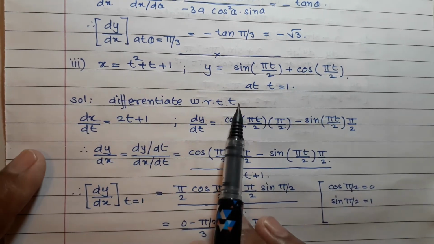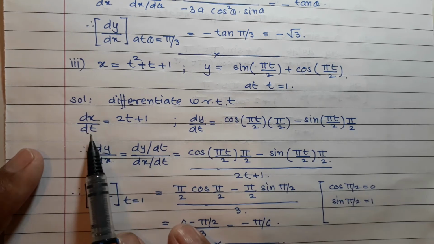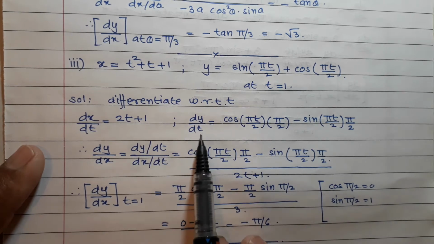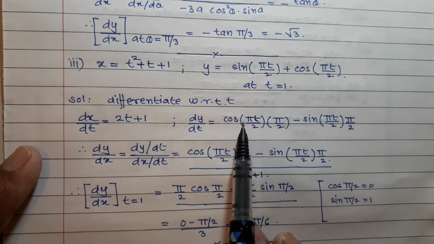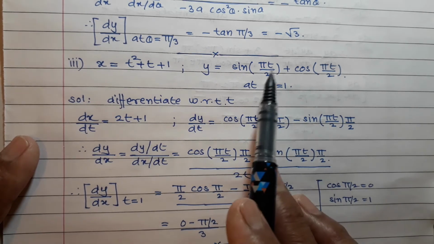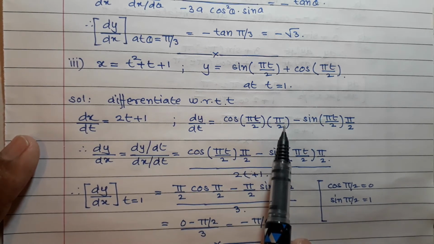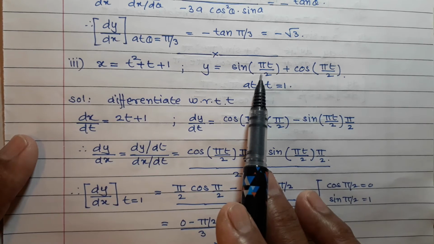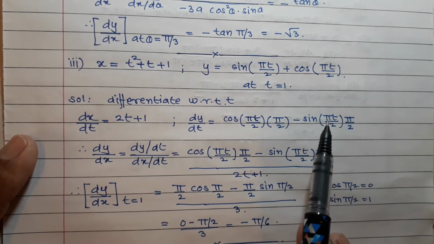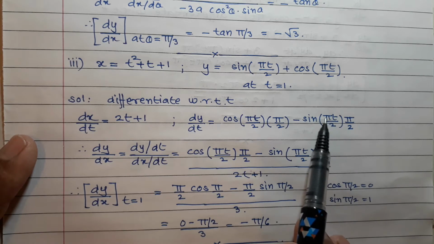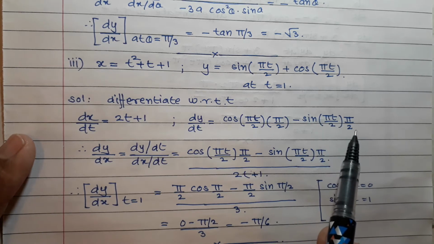Solution: differentiate with respect to t. dx/dt = 2t + 1 and dy/dt = cos(πt/2) into derivative of this, that is π/2, minus sin(πt/2) and derivative of this, that is π/2. This step is important.